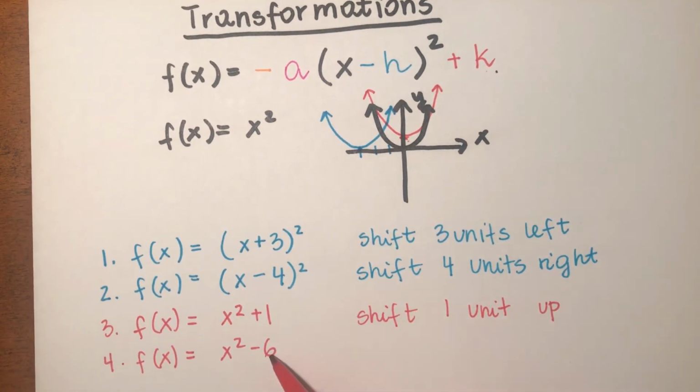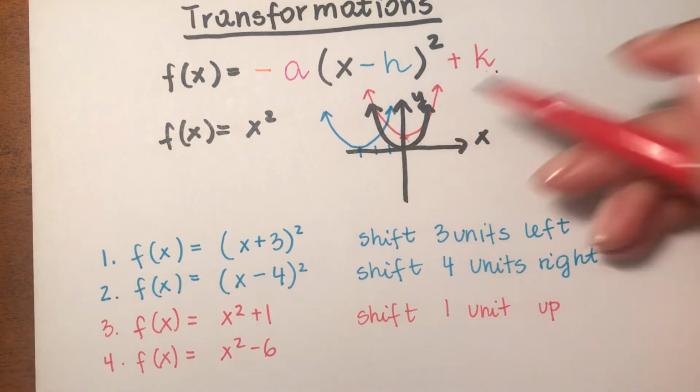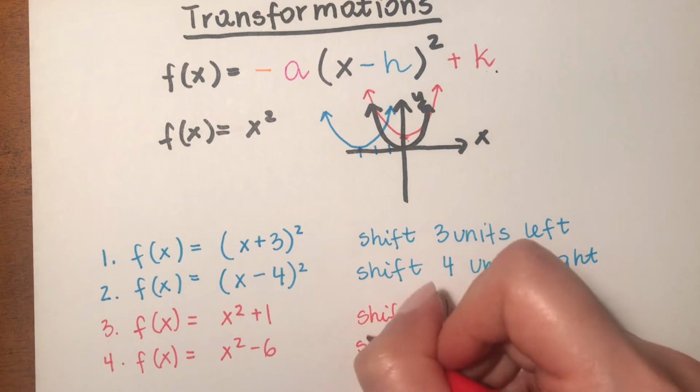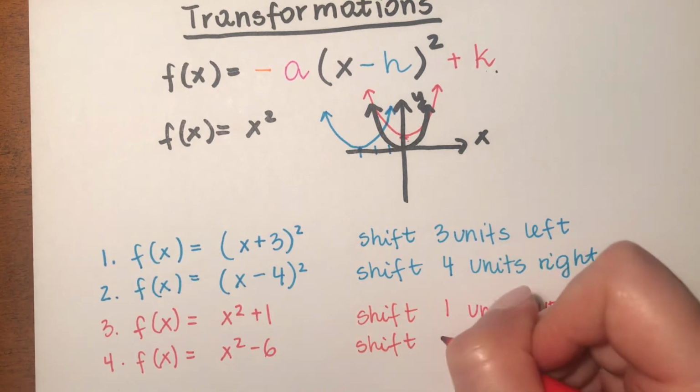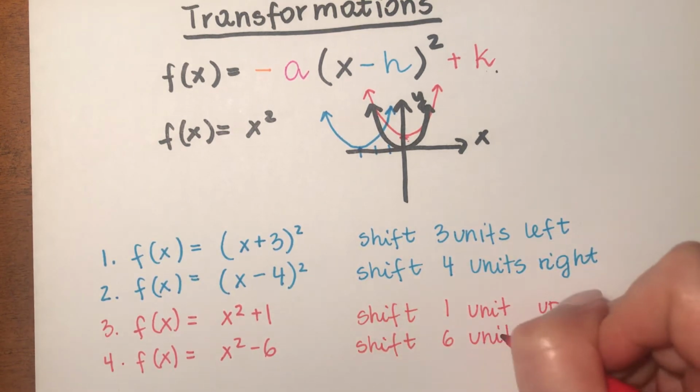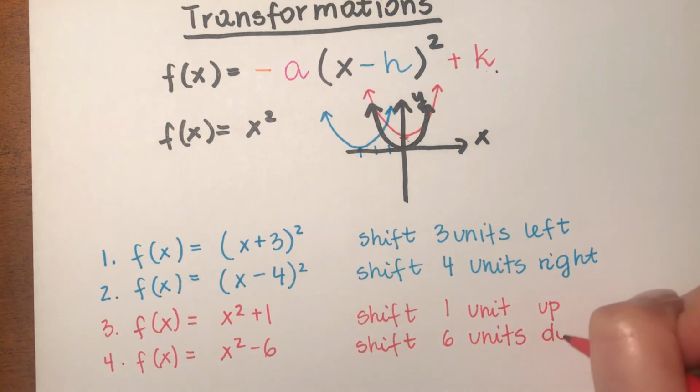Here's this number at the very end of the function, no parentheses, and I'm following the intuition. So negative, you probably want to shift it down, and that's going to be correct. So shift 6 units down.